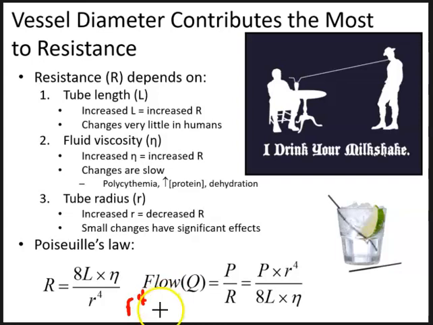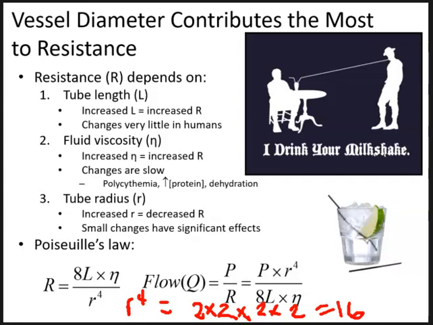And if we change R to 2, we can see that R to the fourth would be 2 times 2 times 2 times 2, and that equals 16. So that means we'll have a 16 times increase in the radius.